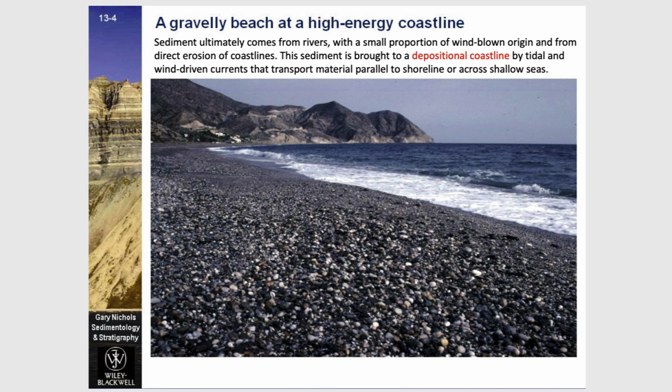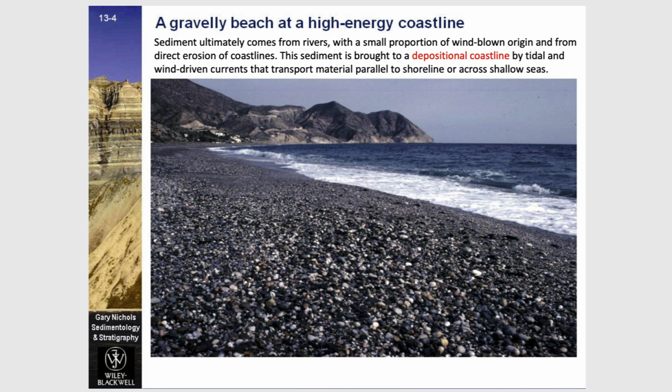In fact, if you look at these unconsolidated sediments, they are dominated by gravels. And in the shorelines, we tend to accumulate the coarser fractions. So in the foreshore environment, we have mostly gravelly and sandy materials that will accumulate along the coast.